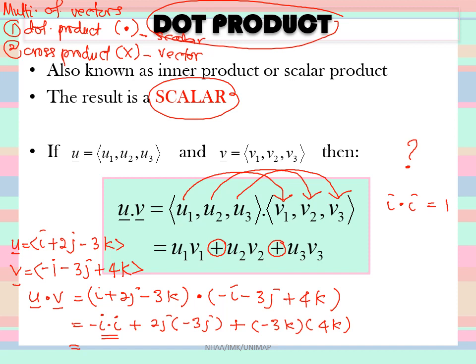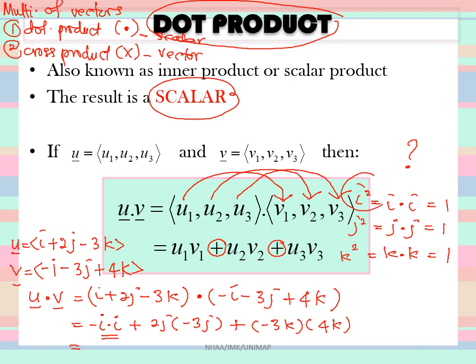Same goes for j dot j, which gives you 1, and k dot k also gives you 1. You see? So i squared equals 1, j squared equals 1, k squared equals 1.